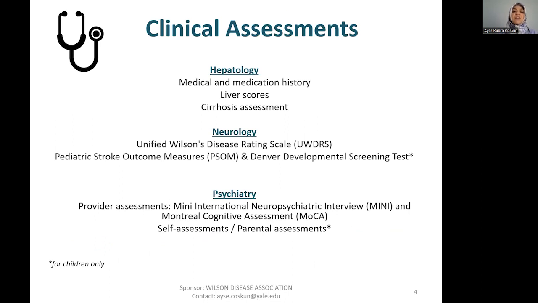Clinical evaluations are completed in three main categories. One, assessment of liver by reviewing medical and medication history, calculating liver scores, and completing cirrhosis assessments. Two, assessment of neurologic functioning using Unified Wilson Disease Rating Scale, also known as UWDRS, Pediatric Stroke Outcome Measures, PSOM, and Denver Developmental Screening Test.